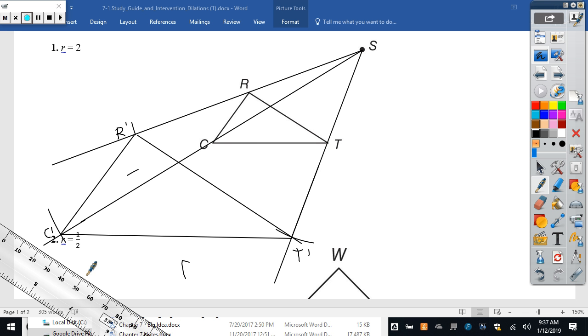Now, what you can do is to measure this, you can take your ruler and try to measure it, but let's see how accurate I was with this. If I come back here to, let's say, RT, and I come over here, let's see how accurate I was. There's one.